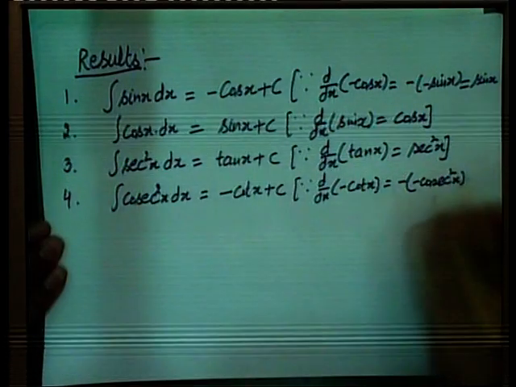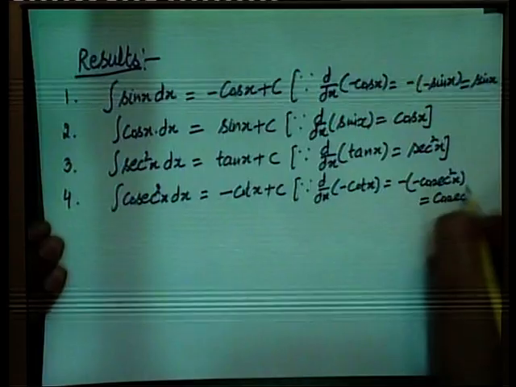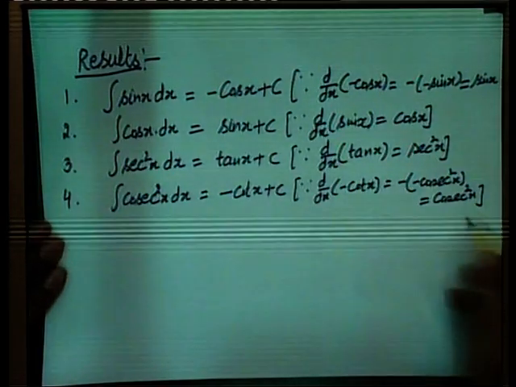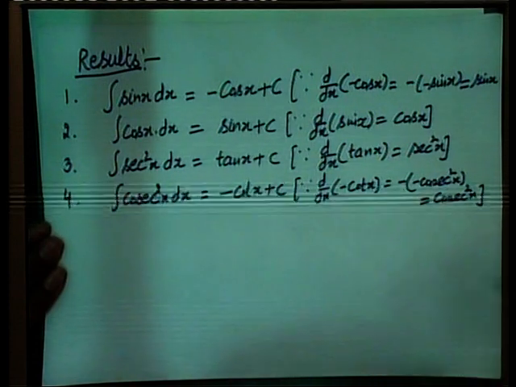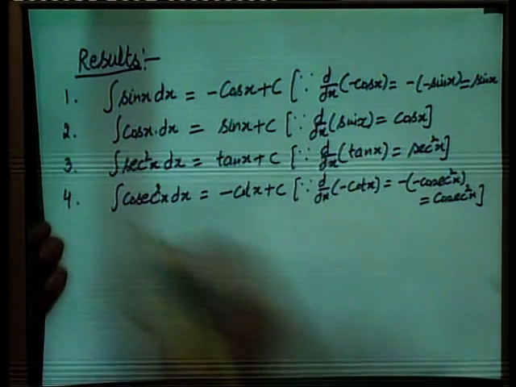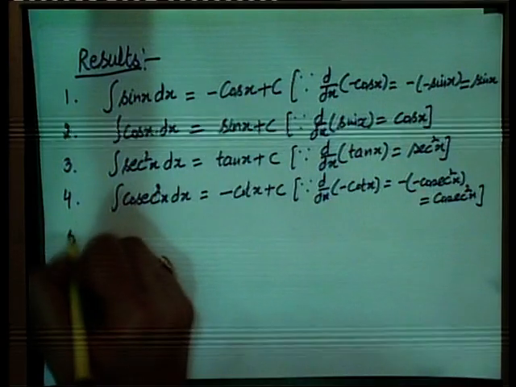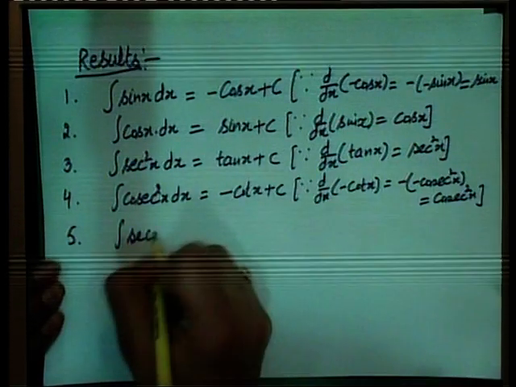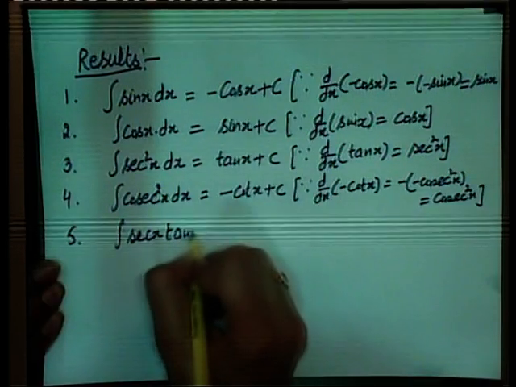Minus minus becomes plus cosecant square x. Since the derivative of minus cotangent x is cosecant square x, therefore, the integral of cosecant square x is minus cotangent x plus c.